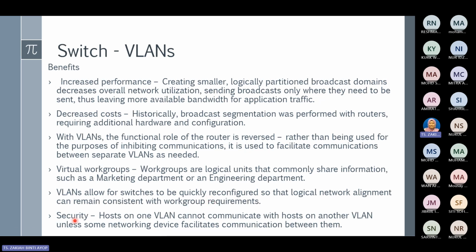It also enables security, where hosts on one VLAN cannot communicate with hosts on another VLAN unless some networking device facilitates communication between them. So we don't want the interference, or some of the applications need to be specific for a certain department. The best is that we use a VLAN.